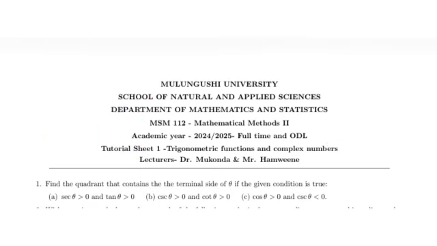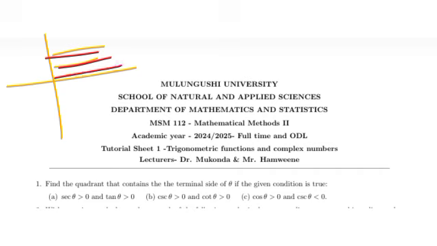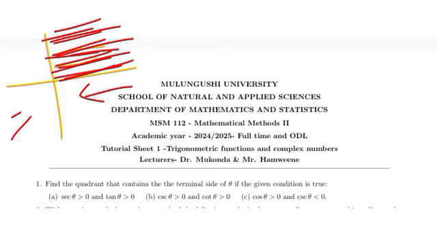So the terminal side of theta that they're talking about is lying in the first quadrant. Not in this one, not in that one, not in that one, but in that one. Why?